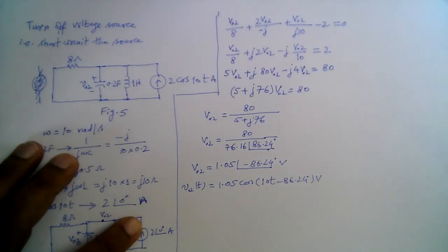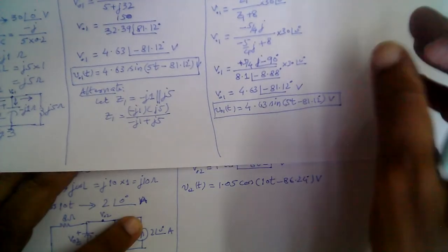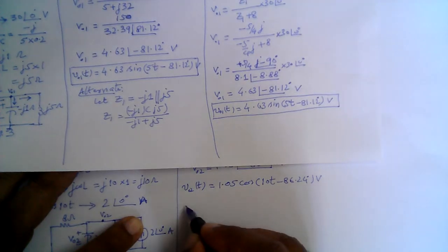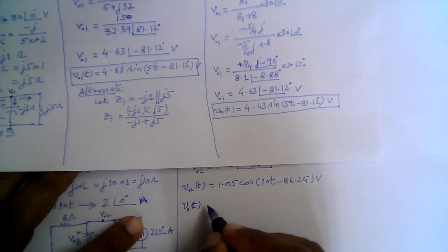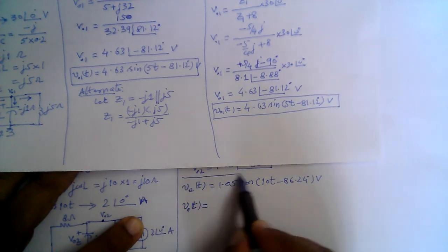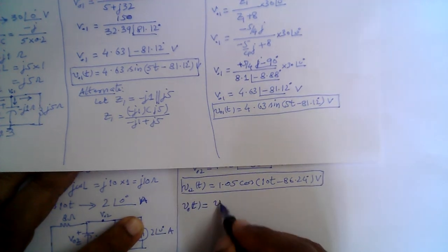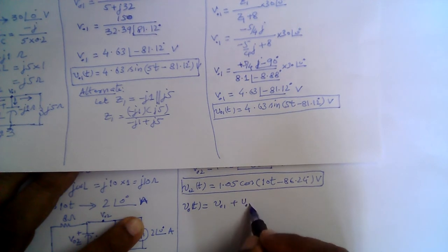So we need to add both the voltages here, V01 and V02, to find the total response. So V0(t), that's the total response due to both these sources, V01 plus V02.